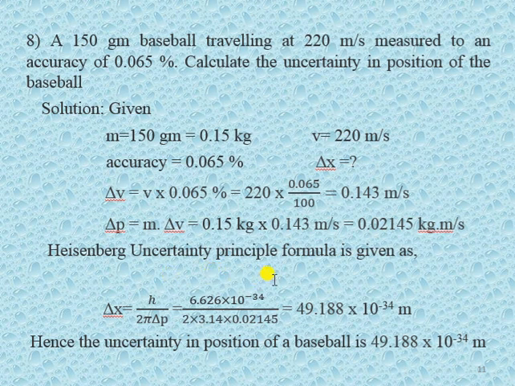H is 6.626 into 10 raised to minus 34 divided by 2 into 3.14 into delta p, which is 0.02145. It is equal to 49.188 into 10 raised to minus 34 meter. Hence, the uncertainty in position of the baseball is 49.188 into 10 raised to minus 34 meter.